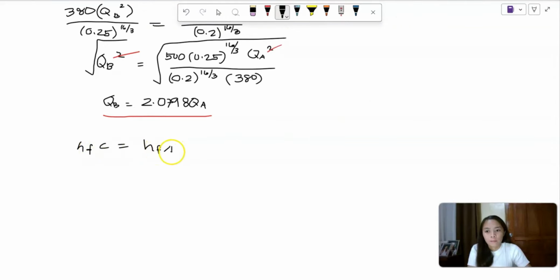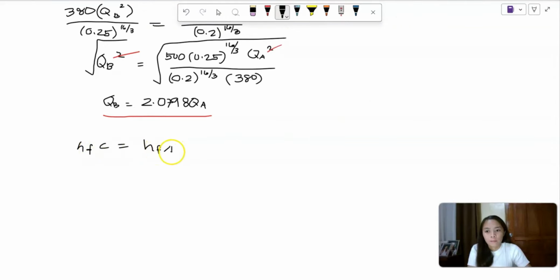So the length in pipe C is 650, then Q sub C squared, all over its diameter of 100 millimeters, or equivalent to 0.1 meters, raised to 16 over 3, is equal to, we will just copy this one, 500 Q sub A squared all over 0.2 raised to 16 over 3.